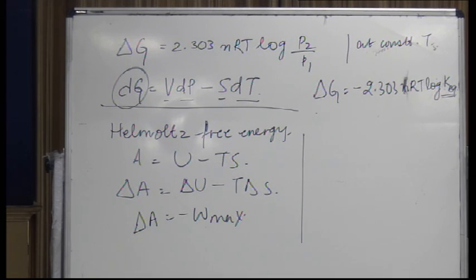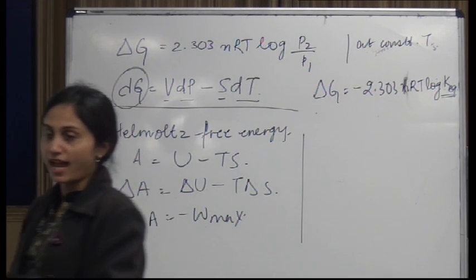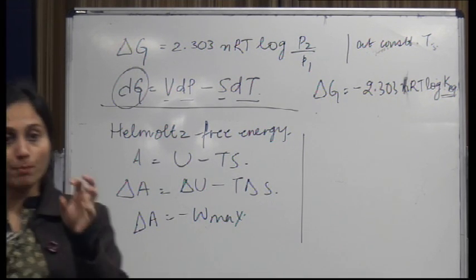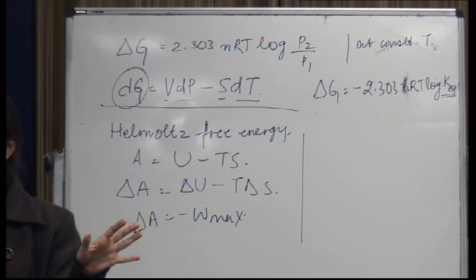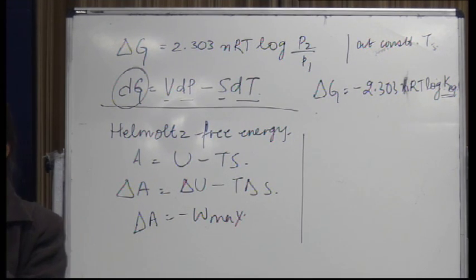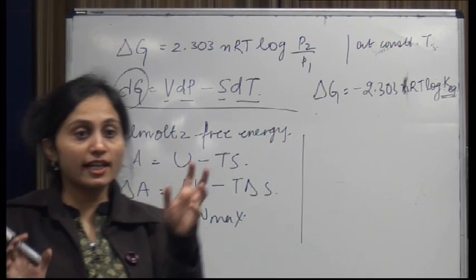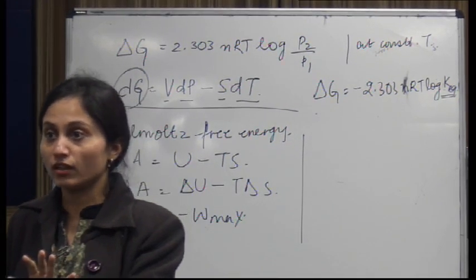Now let's quickly talk about the third law of thermodynamics, and the third law states that the entropy of a perfectly crystalline solid is 0 at 0 Kelvin. Got it?